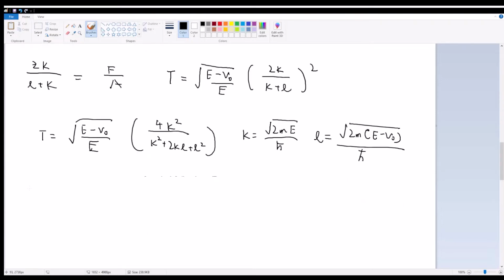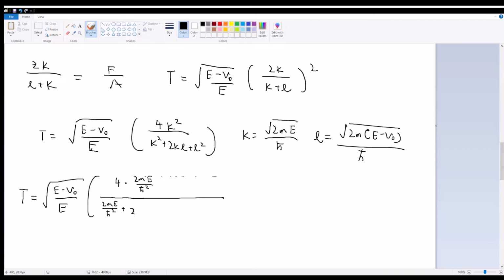Multiply these out, we get that T is equal to the square root of E minus V naught over E, and then our big fraction, so this is going to be 4 times 2mE over h bar squared, and then divided by K squared, which is 2mE over h bar squared, plus 2 times KL, so this is going to be 2m times the square root of E times E minus V naught, and then we're dividing this by h bar squared, and then we're adding L squared, which is going to be 2m times E minus V naught over h bar squared.